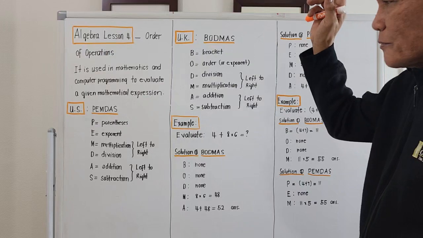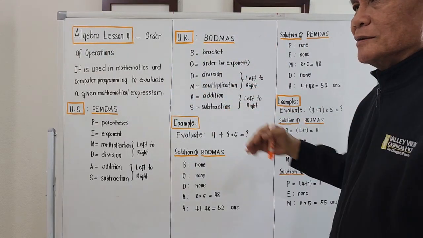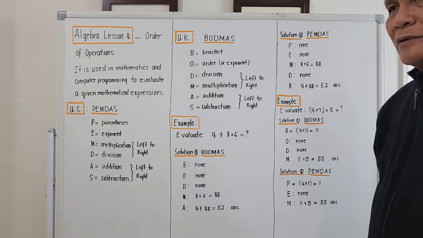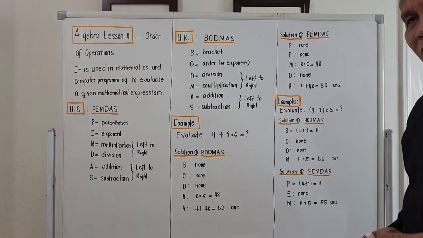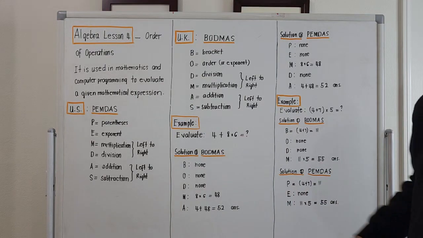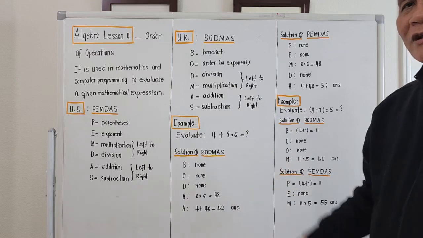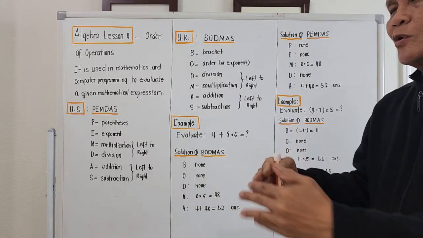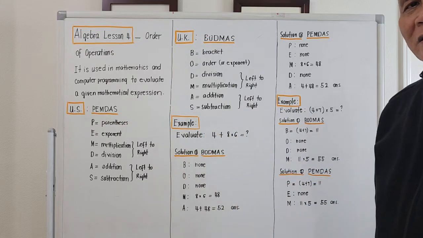So if you just remember PEMDAS and BIDMAS, okay, it's an easy thing. But I told you, like us who are engineers for a long time already, we don't even think of PEMDAS and BIDMAS just to simplify a certain mathematical equation. Because we know what's the proper sequence before we calculate the others.